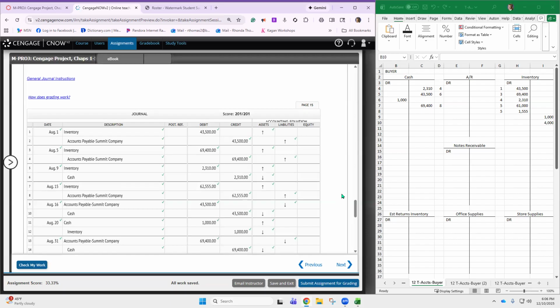What are you going to do with it? I have not done this problem, but I really like it because they gave several different scenarios. They gave a return where they didn't return the stuff, they just refunded the money. Then they did one where they did return the items. And because the invoice hadn't been paid yet, that matters too.